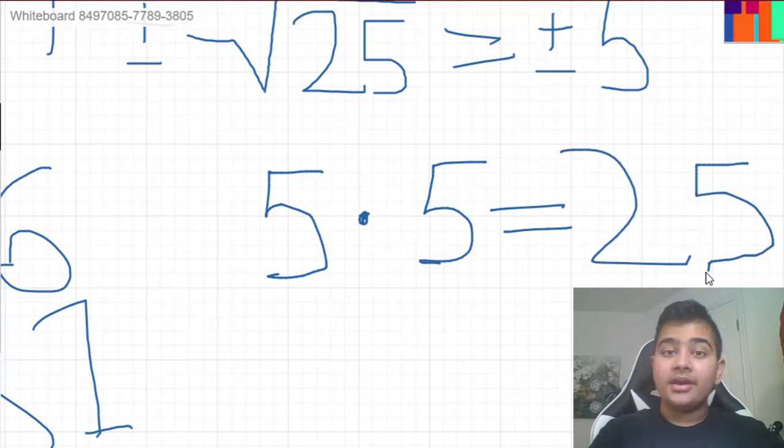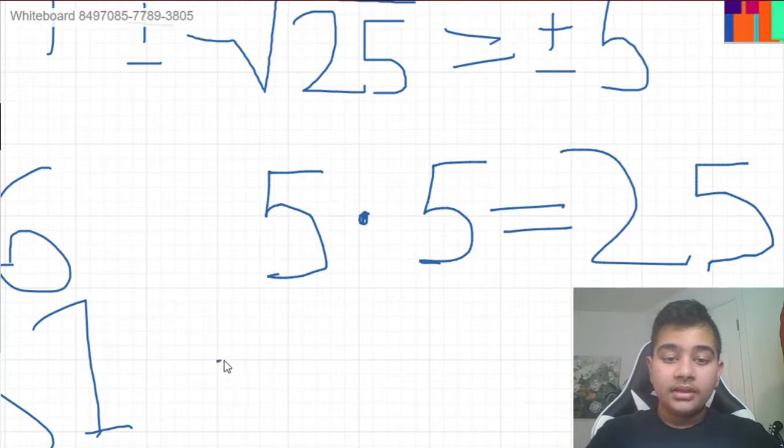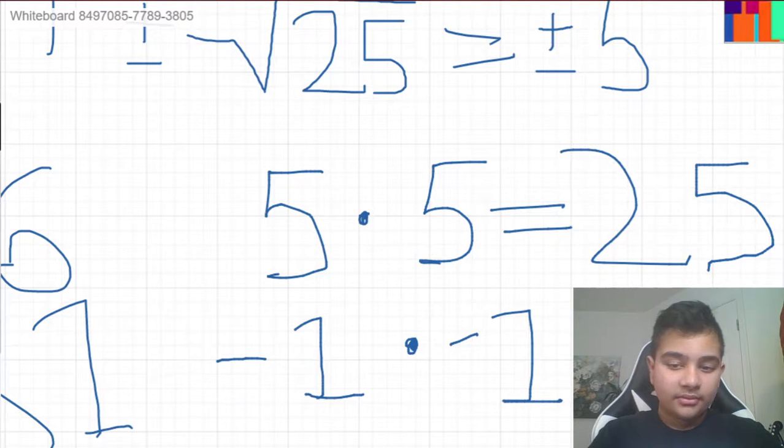But if you remember the rule that we looked at in a previous property series, a negative number, let's say -1 times -1 equals +1. That is a completely different sign.